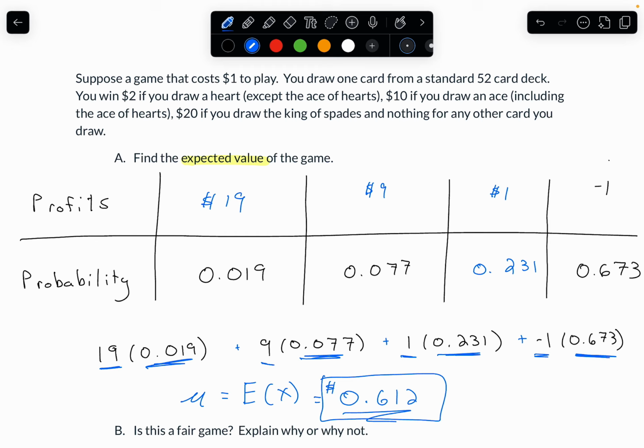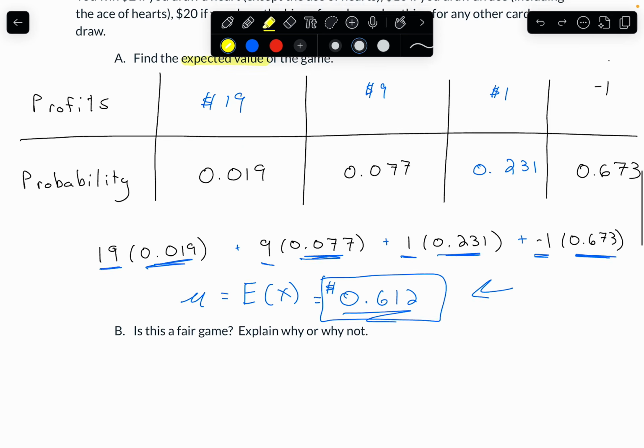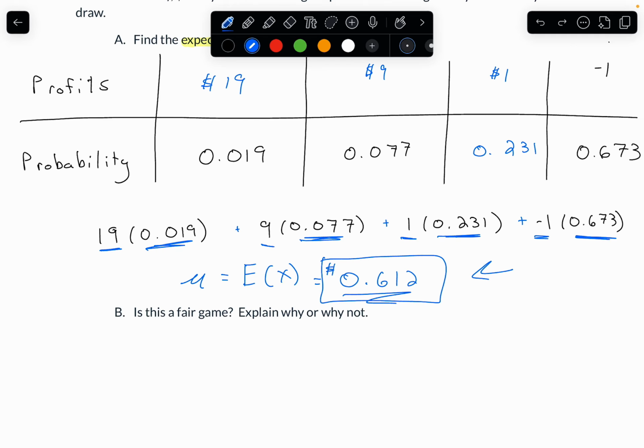If it's me, it's in my best interest to play this game as many times as I possibly can, because I know in the long run I'm going to average roughly 61 cents. Sometimes I'll win and sometimes I'll lose, because I did have that instance of the -$1 profit, but on average I'm going to win in the long run, which leads me to my next question right here.